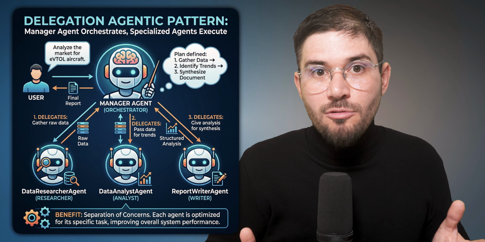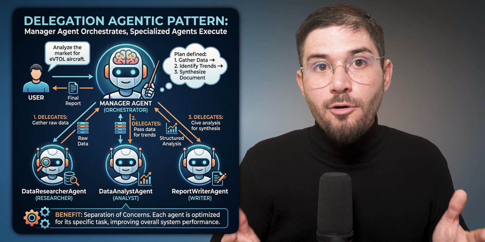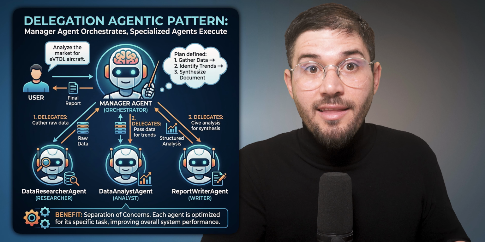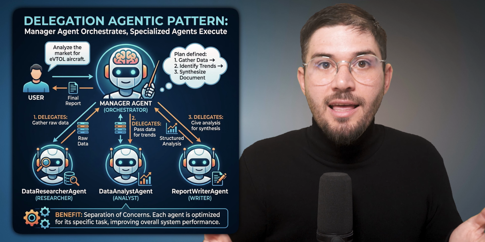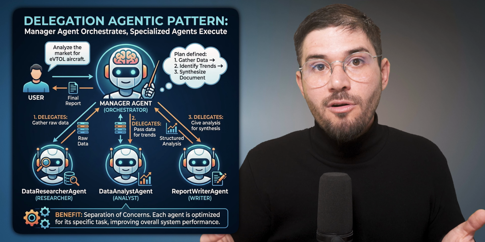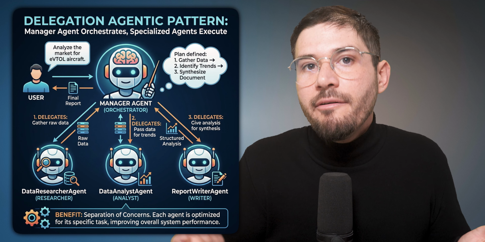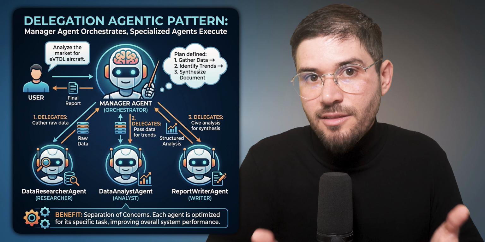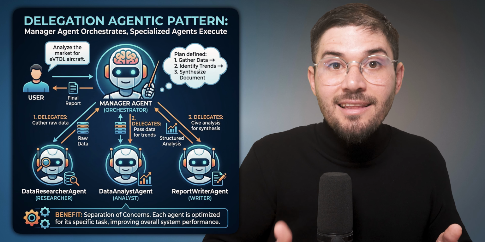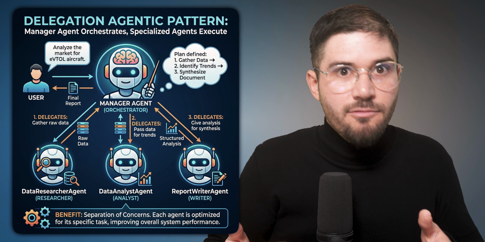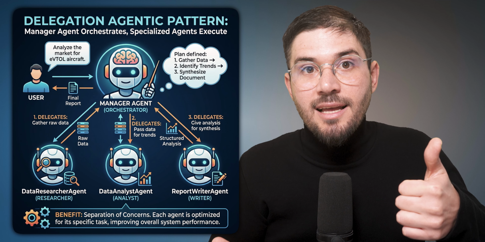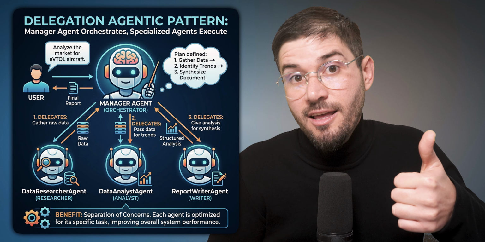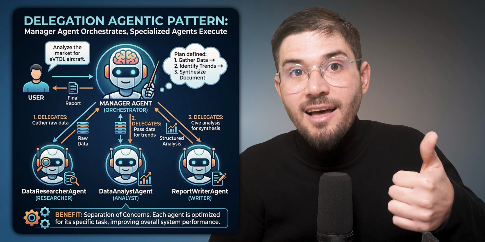Imagine a system to create a market analysis report. The user gives a high-level goal like, okay, analyze the market for eVTOL aircraft. The manager agent then receives this. It doesn't do research. Instead, it defines a plan. For example, first, ask a data researcher agent to gather raw data.